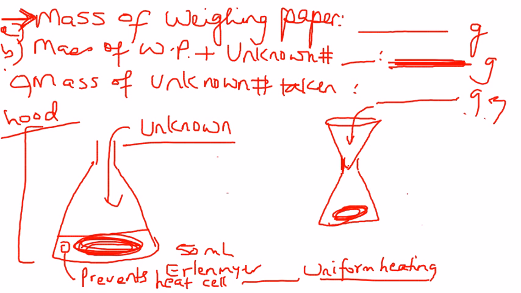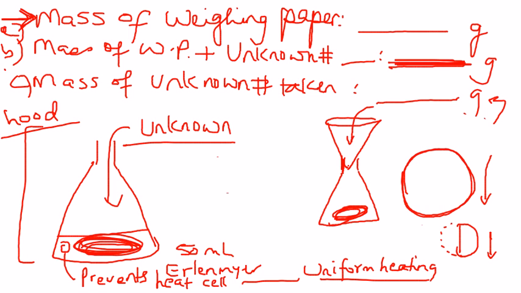So what you're going to do is take a filter paper. You will first make a semicircle out of it. Past that, you're going to make a quarter, so you will get a semicircle first, and then you're going to make a quarter out of it, so it will look like this.